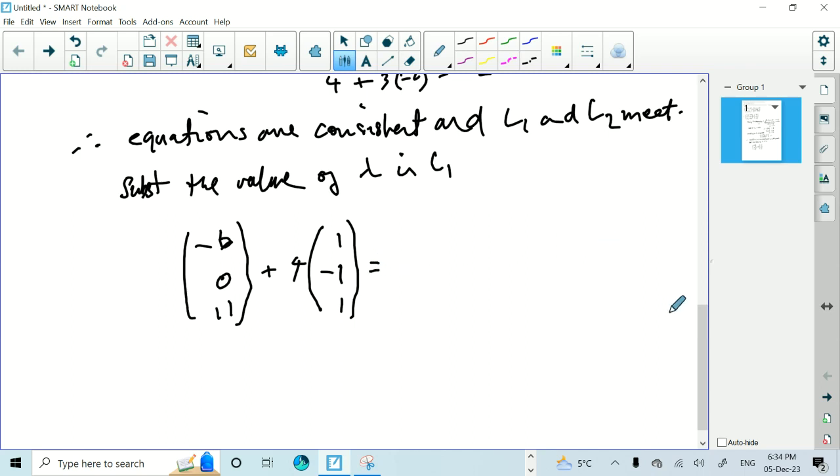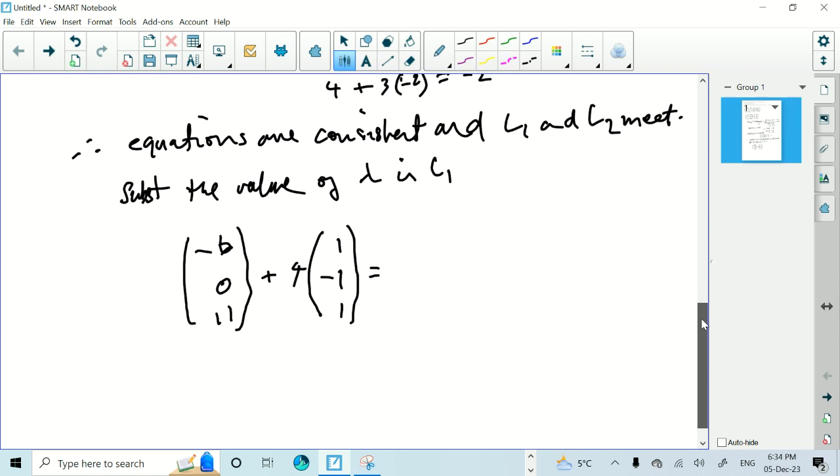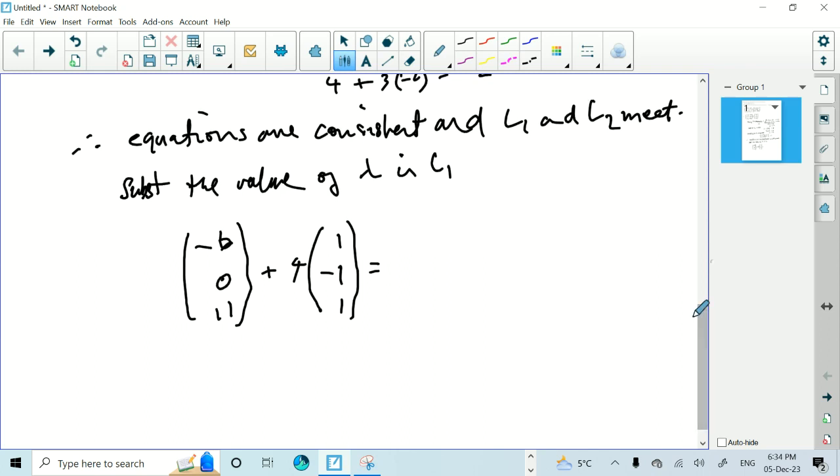Now we have to work things out. We have minus 6 plus 4, which gives us minus 2, and 0 minus 4, which gives us minus 4, and 11 plus 4 gives us 15. So there we have it for 6 marks. Okay, I hope that was understood.